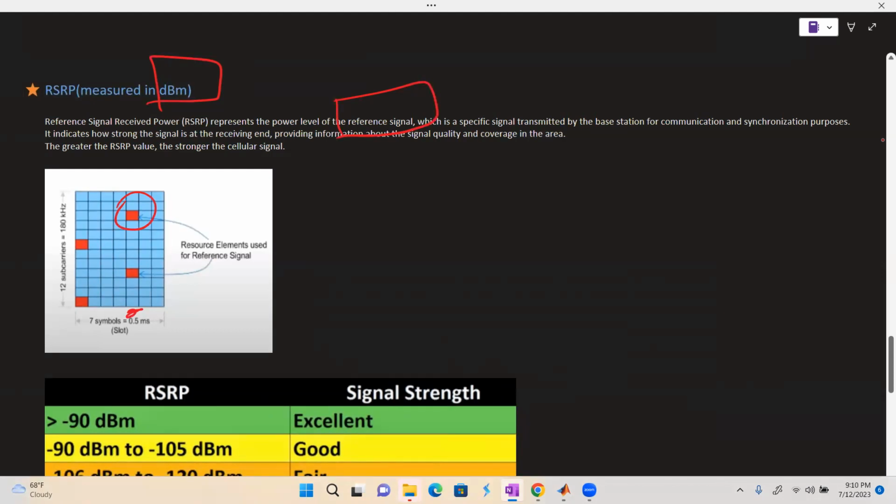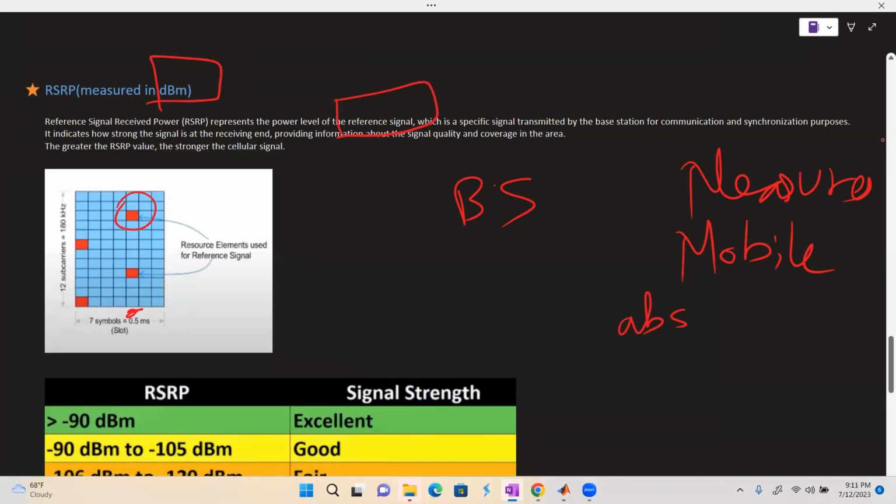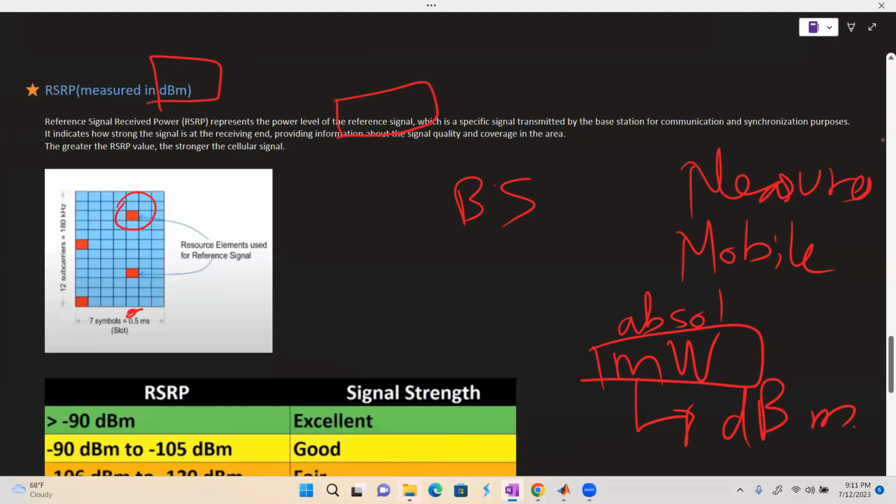So it already knows the strength at the base station, and it measures the RSRP, or the reference signals, at the mobile phone. So now it has an absolute value in milliwatts, and it converts this into dBm. Since this value is not relative to something else, but it's an absolute measurement, it's done in dBm.